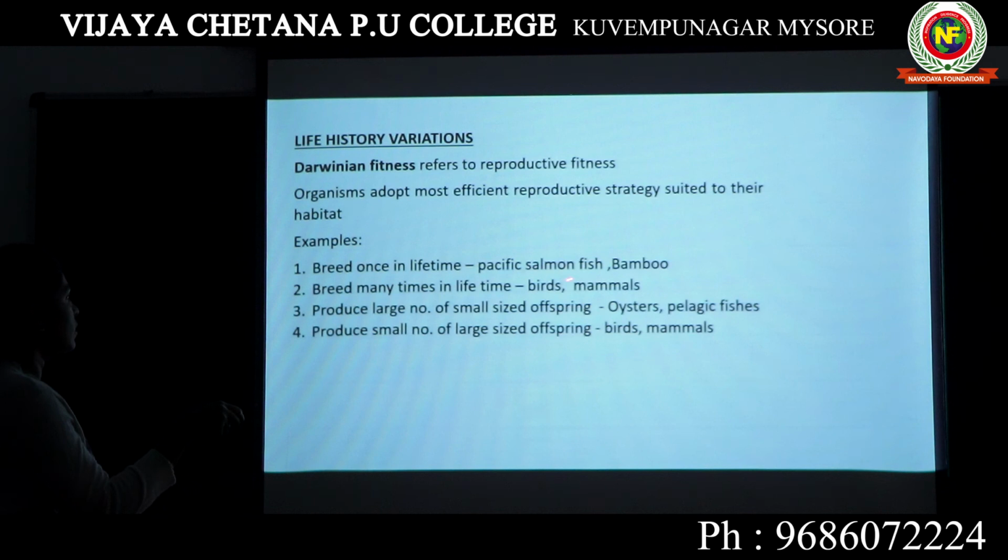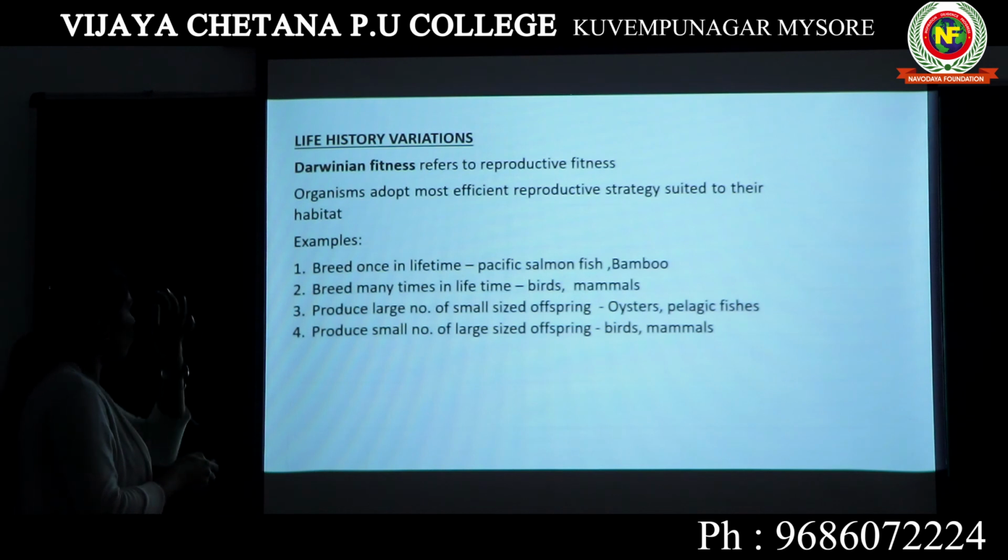Birds and mammals are the examples. A few organisms will produce quite a lot of offspring, but small in size. Examples, fishes. A few organisms will produce a very small number of large sized offspring. The examples are birds and mammals.